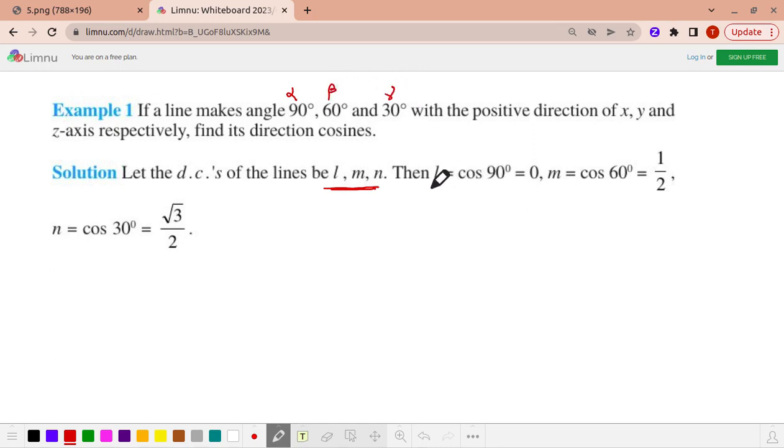So l equals cos 90, which is 0. m equals cos beta, that is cos 60, which is 1 by 2. And n equals cos gamma, that is cos 30, which is root 3 by 2. So we get the direction cosines as 0, 1 by 2, root 3 by 2. I hope it is very clear.